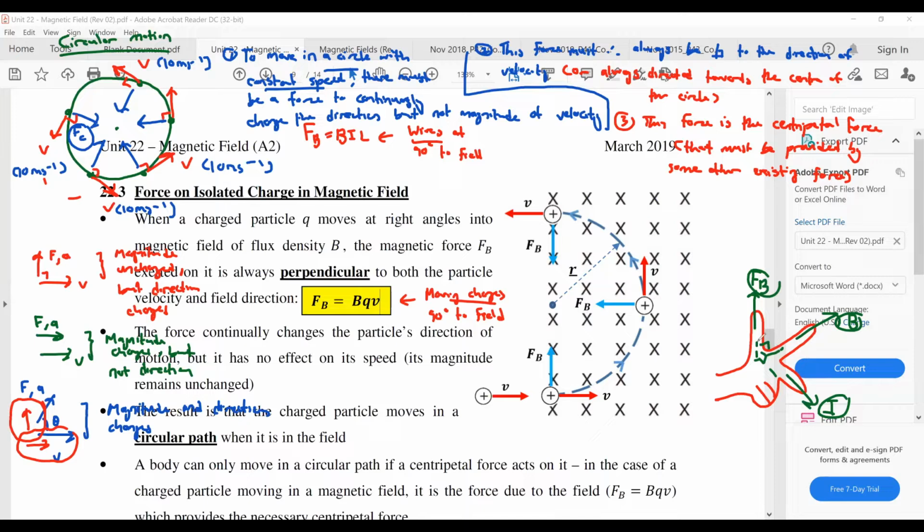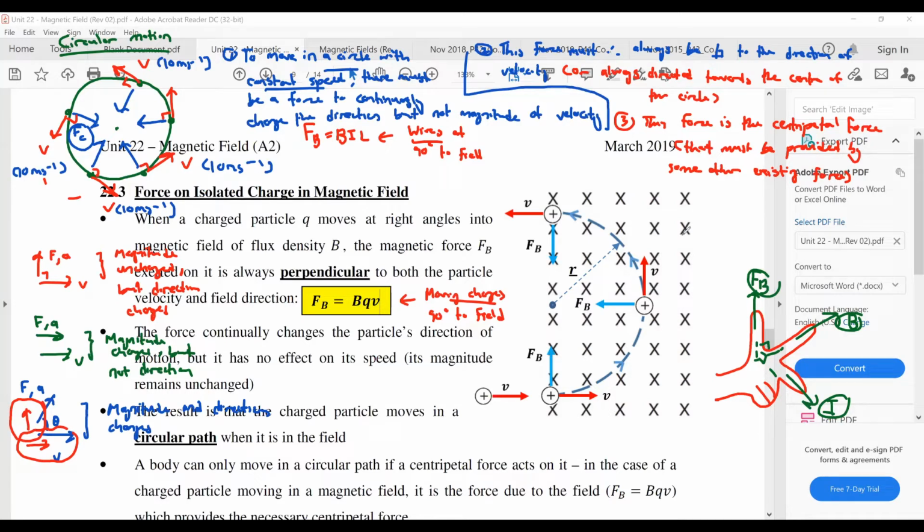Okay, so now what this tells you is that when you have a moving charge that is moving perpendicular to your magnetic field, your magnetic force will always be perpendicular to your direction of velocity or direction of motion. Your direction of motion or direction of velocity is actually represented by this I here.